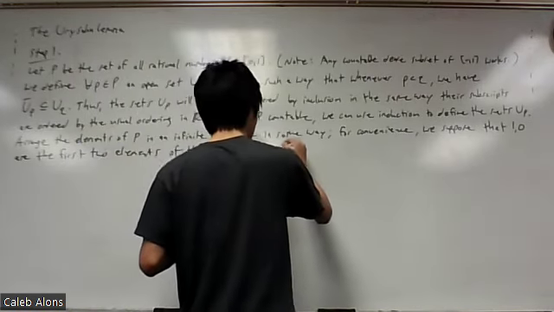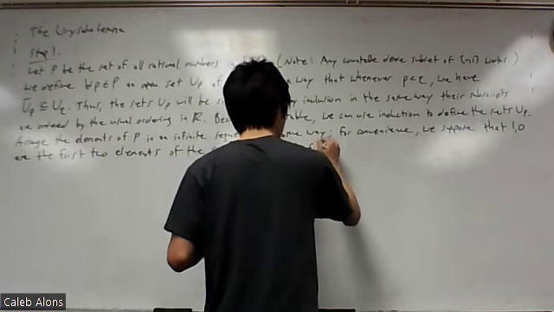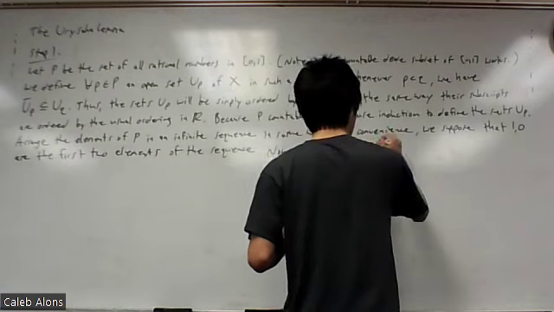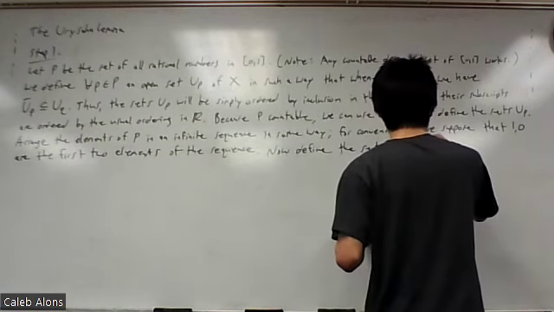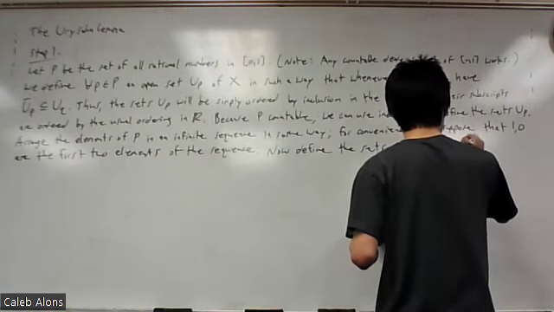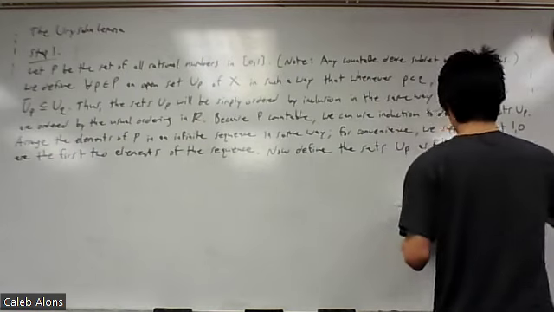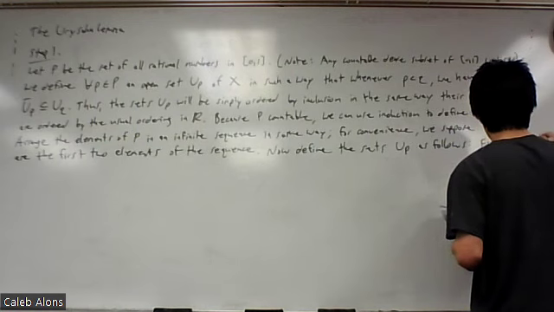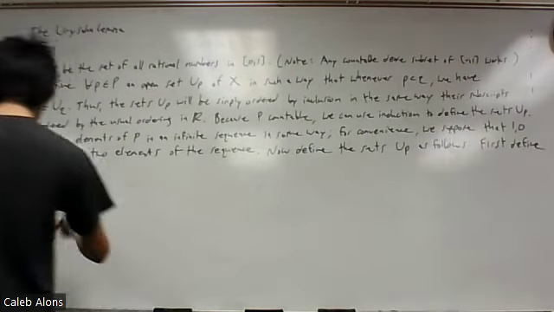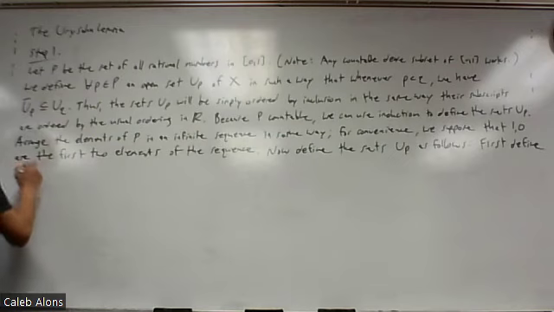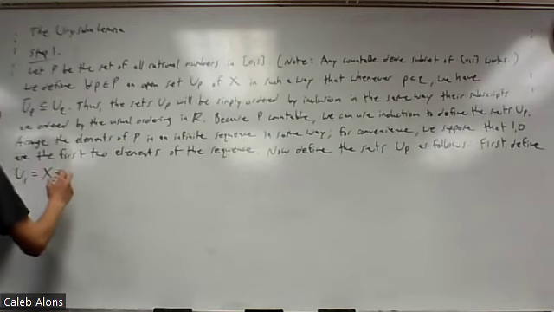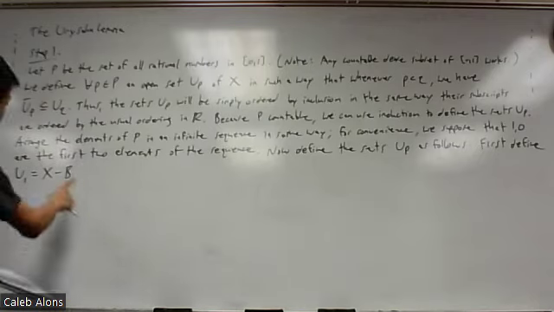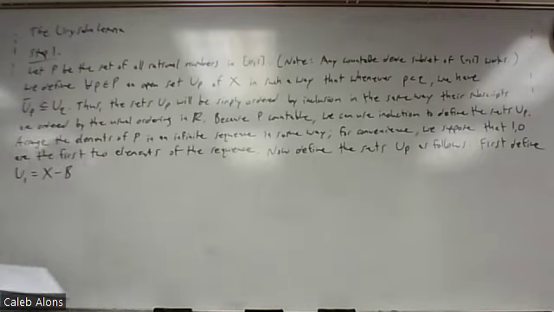So now we can define the sets U_p as follows. We'll first define U sub 1, the first open set here, as being the complement X minus B. B is closed, so definitionally this is open.